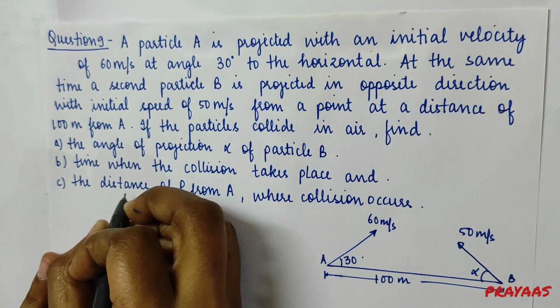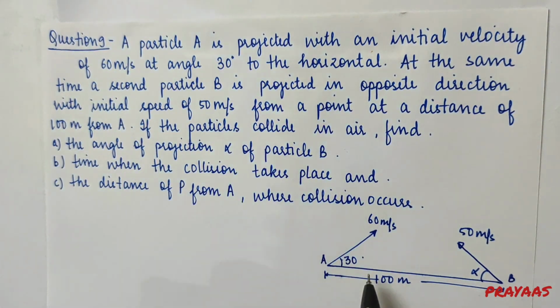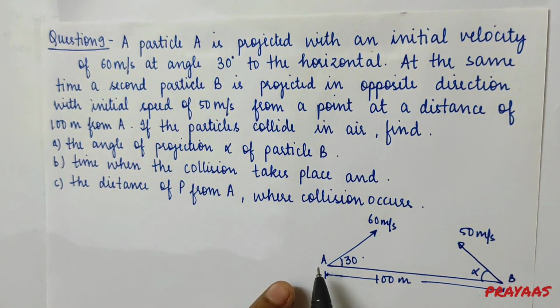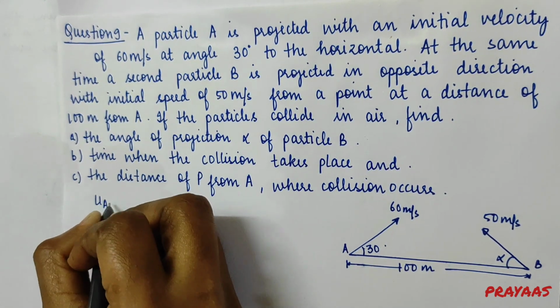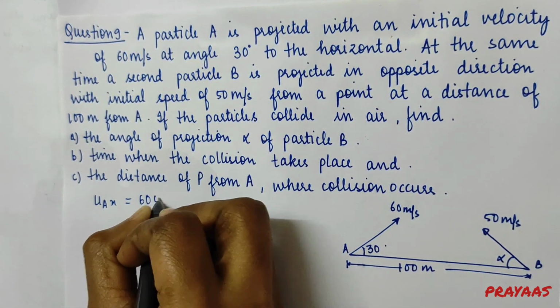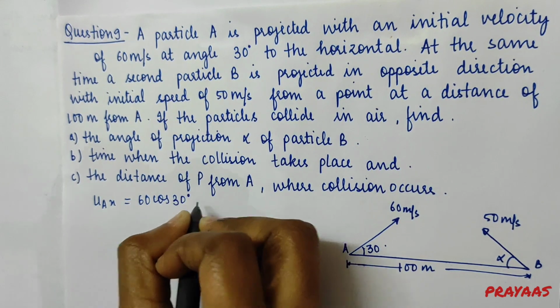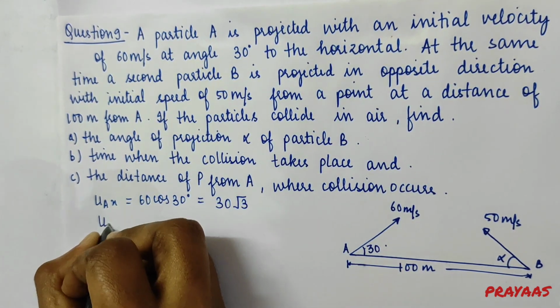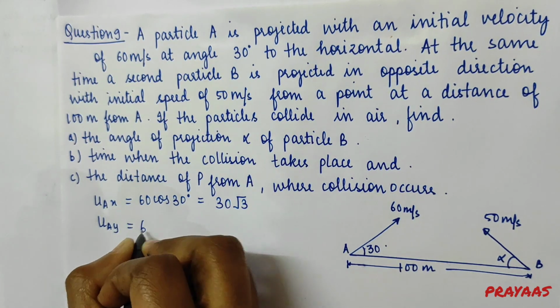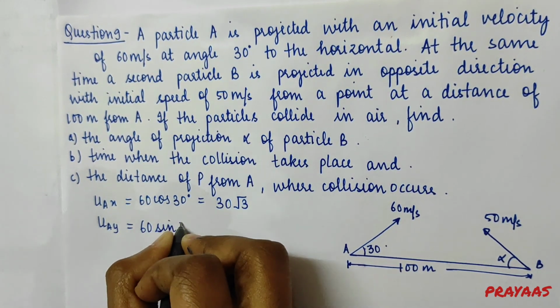So, first of all, I am going to find the velocities in x direction and y direction. That is the component of velocity for both particle A as well as for B. So, UAX will be 60 cos 30 degrees. This is 30 root 3. UAY will be 60 sin 30 degree.